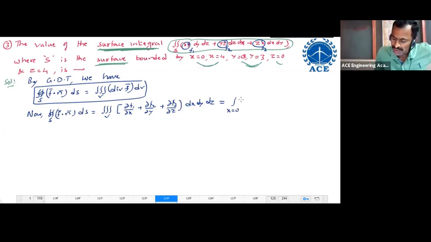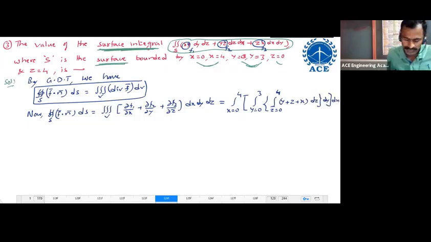I am writing one of the orders: x equal to 0 to 4, inside this integral y equal to 0 to 3, inside this integral z equal to 0 to 4. f1 with respect to x is y, f2 with respect to y is z, f3 with respect to z is x. This function dz, dy, and then dx, which implies double integral over S f bar dot n bar ds.